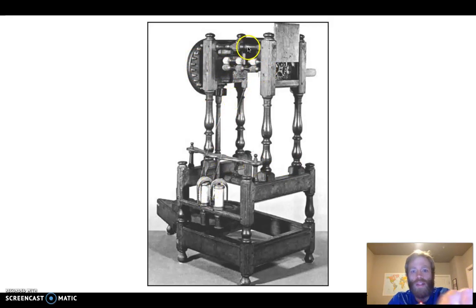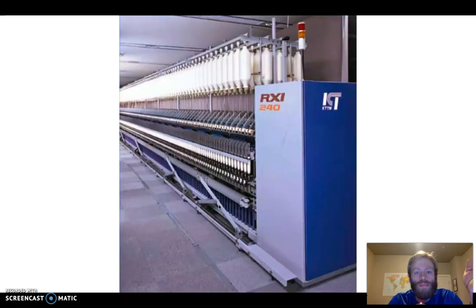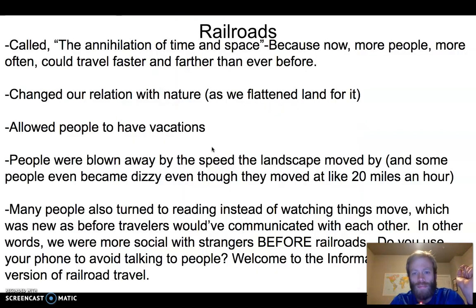So it goes from the top up here down there into actual thread. You don't see water wheel powered stuff all the time today with thread and textiles, but the basic way in which they were designed is still used today by modern electrical frames for spinning thread.